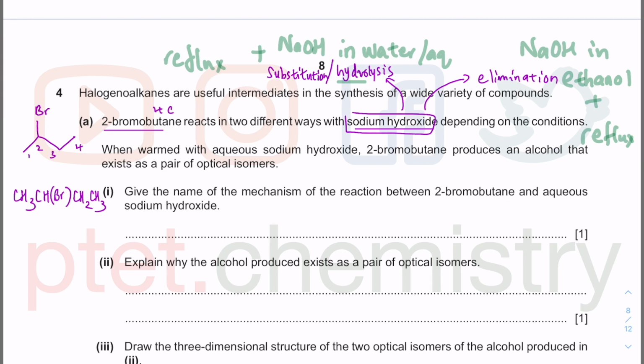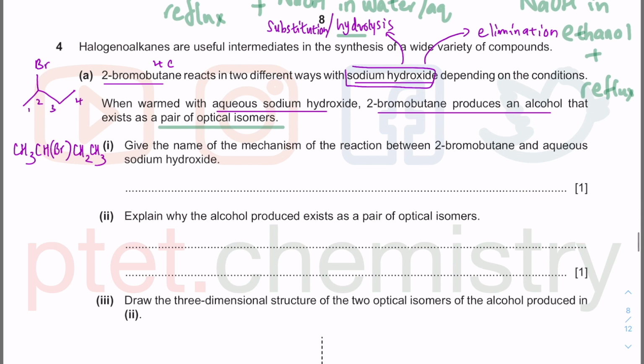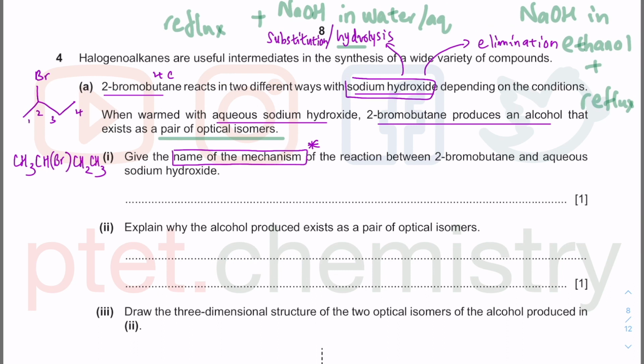So here, when you warm it with aqueous sodium hydroxide, you get an alcohol that can exist as a pair of optical isomers. So these are the enantiomers, the non-superimposable mirror images of each other. They want specifically the name of the mechanism. When they produce this alcohol, it is a substitution type of reaction, but the mechanism is called nucleophilic substitution, as the OH minus acts as a nucleophile.